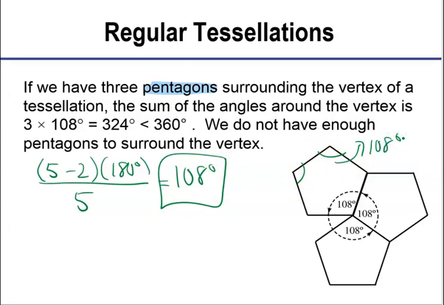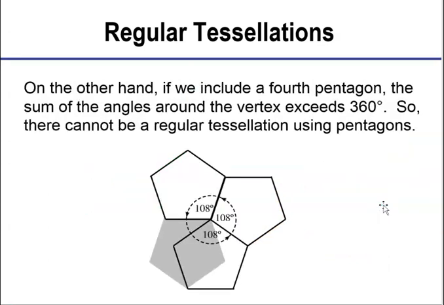If you start putting them together, you have 108 plus 108 plus 108, and that adds to be 324 degrees. That's not 360. Could we squeeze another one in there? Well, no, because if you squeeze another one, you would be over 400 degrees, and that would be too much. There would be overlap. As a matter of fact, I've got a picture depicting that. So a regular pentagon does not fill the plane.